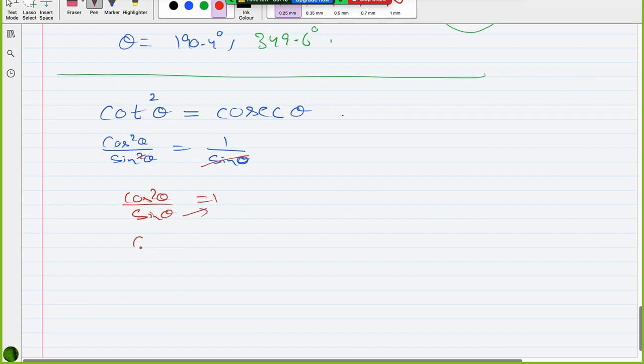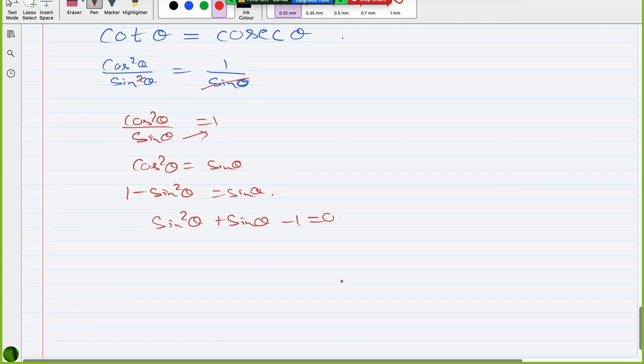So cross multiply. So 1 minus sine square theta is equal to sine theta. Now we rearrange, take all of them on the right hand side. This is sine square theta plus sine theta minus 1 is equal to 0.